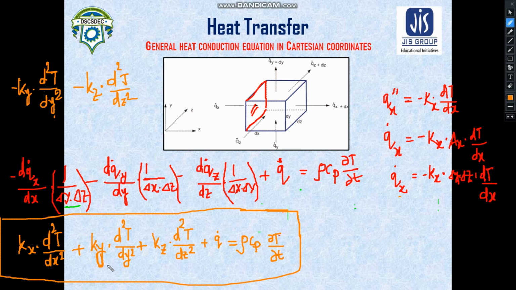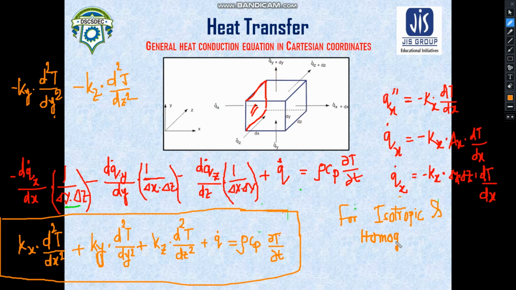Okay, so now let us assume that this control volume system is an isotropic and homogeneous one. So for isotropic and homogeneous, that means the material has constant properties all along the control volume system.